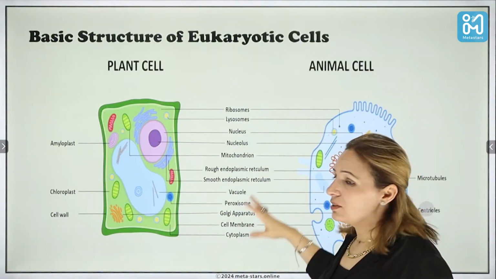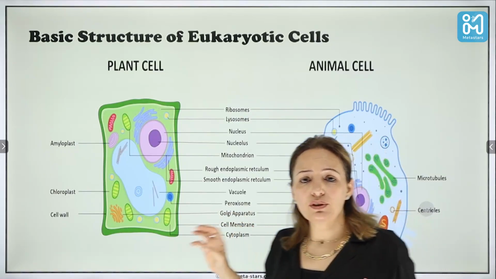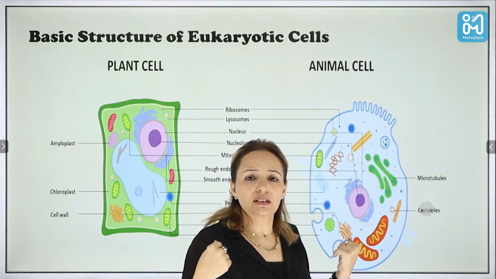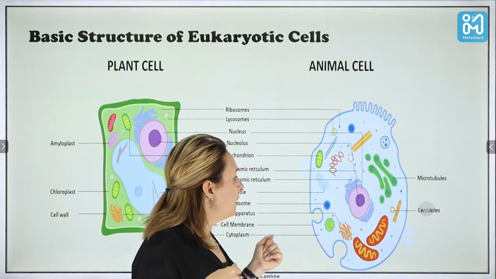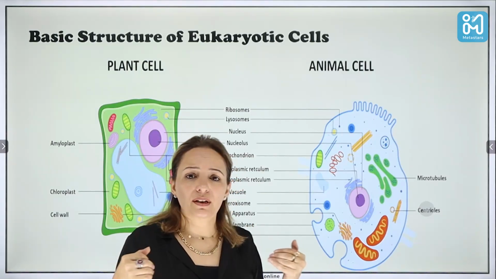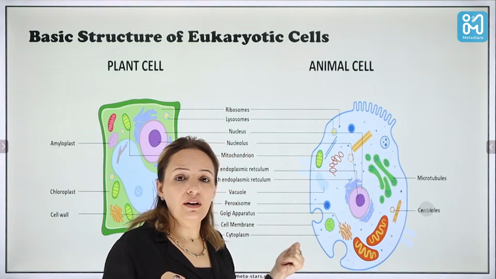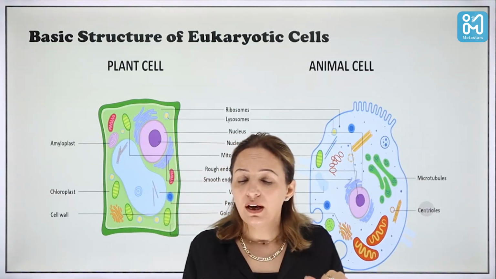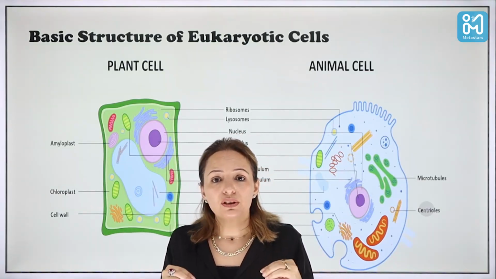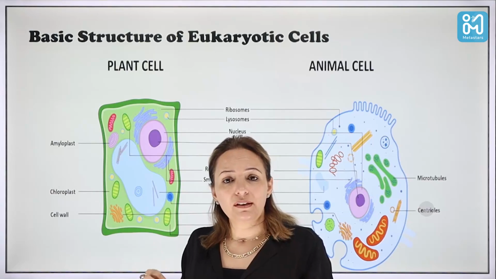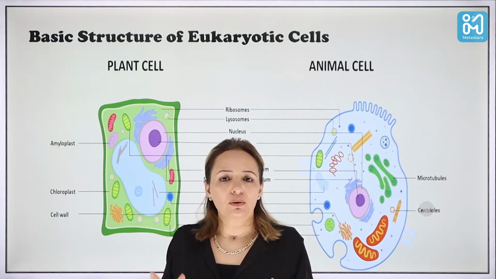Now, when we look at the basic structure of the plant cell and the animal cell, of course, we have already taken these types of organelles, but we have to go deeper now and highlight how the structures are related to their function and why they are important to study, because each type of cell may include the same organelles.